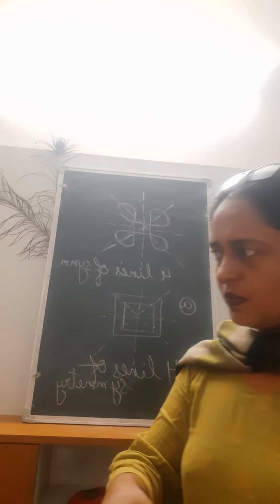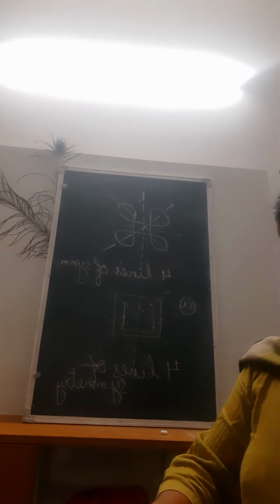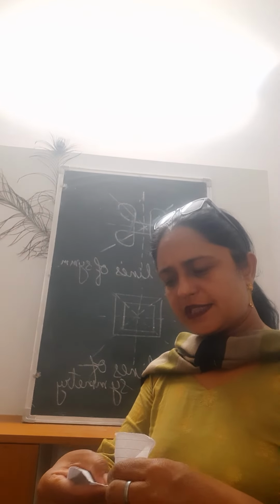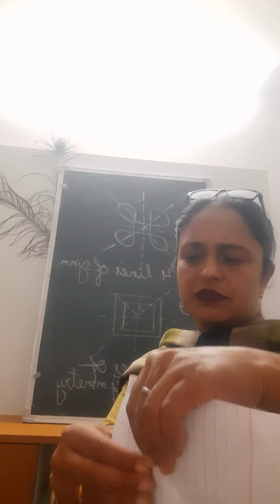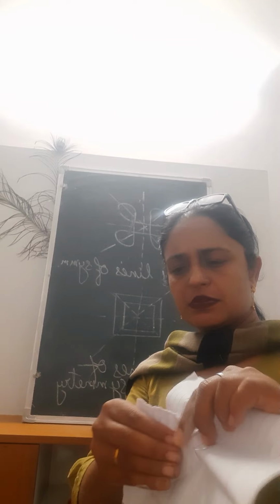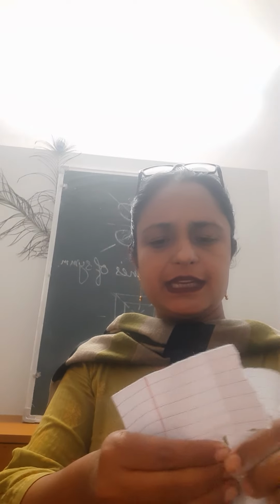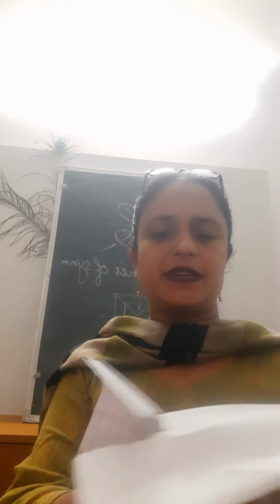Let us do it. In the meantime, I am just cutting the paper to make you understand that this figure is not symmetrical. Let me show you why it is not symmetrical.